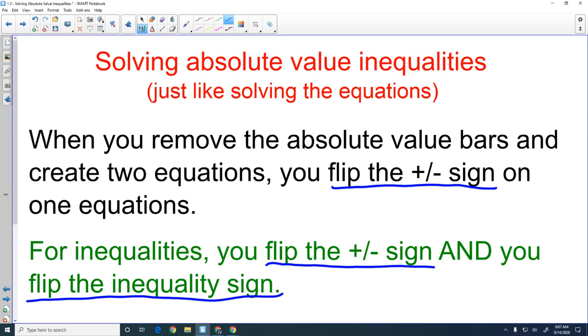And so it is super similar to the equation, the way you solve it. Same thing, but when I write my 2 different equations, or 2 inequalities in this case, I'm going to flip one from positive to negative, and I'm going to change the direction of that second inequality sign, based on which way you flip it.